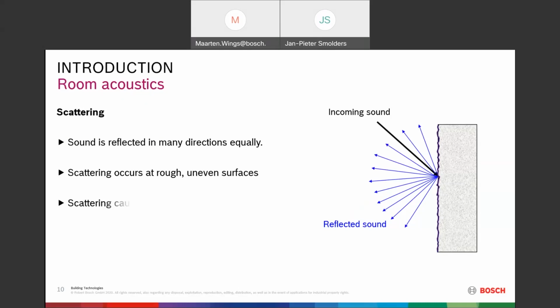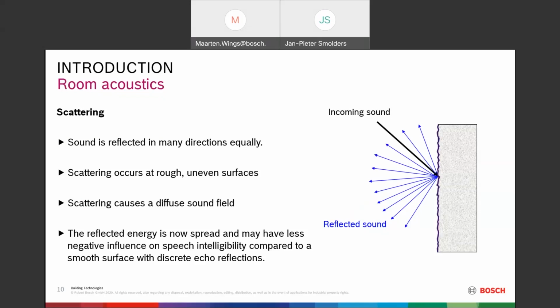So this is a little bit better if you look at the influence of reflections in terms of intelligibility. A wall like this will have less influence on the intelligibility compared to a completely flat wall.